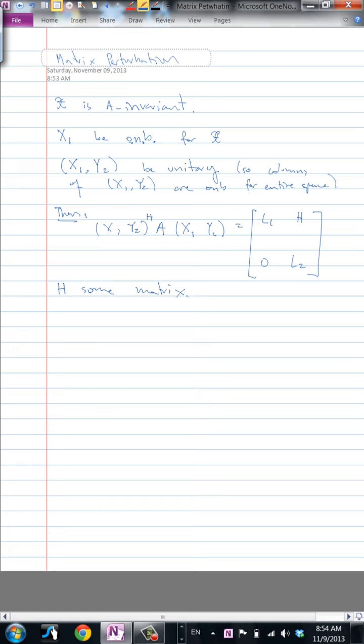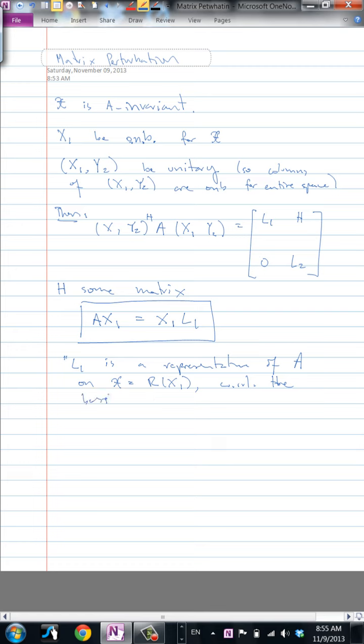That's one consequence, and the other one, which just comes from multiplying this out, is that AX1 equals X1 L1. And if you'll remember, this means that L1 is a representation of the matrix A on the space X with respect to the basis given by the columns of X1.